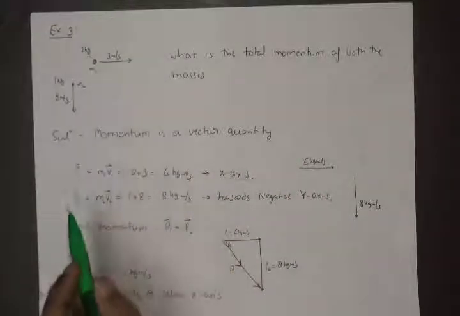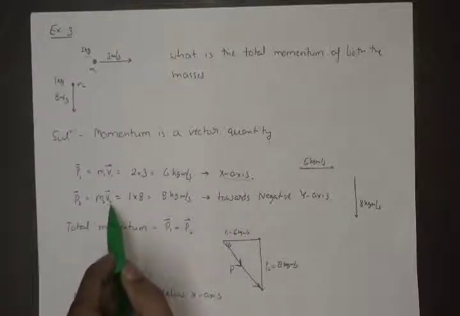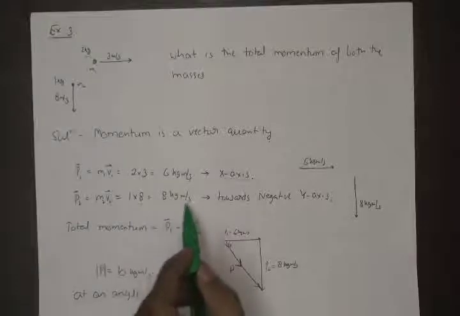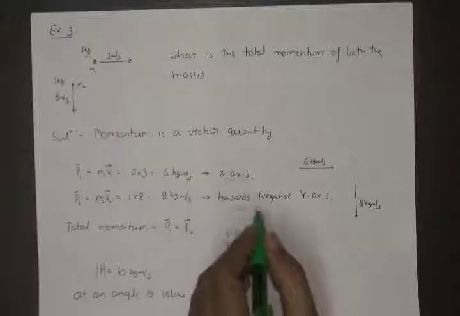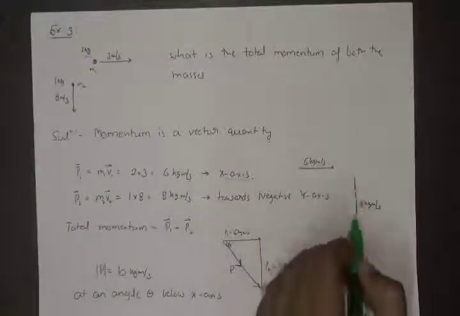The momentum of the second particle, m2 into v2 vector, is equal to 1 into 8, which is 8 kg meter per second, in the downward direction towards negative y-axis. So these are the two vectors we want to add.